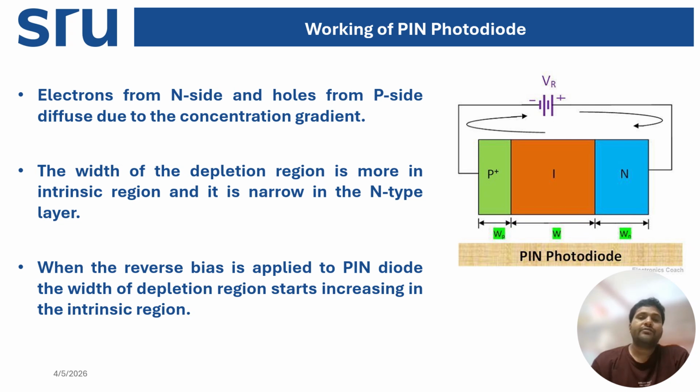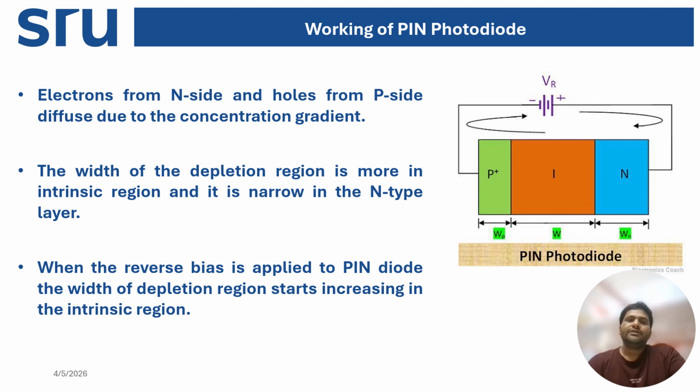Each absorbed photon produces one electron and one hole. This region is very important because it is wide, so more photons are absorbed. It increases the quantum efficiency.